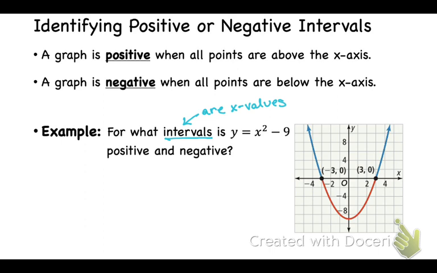So everything over here, the graph is above the x-axis, isn't it? Yeah. Okay. Where else is it above the x-axis? From where? From 3 to positive infinity. Yes? And then everything in between is what?